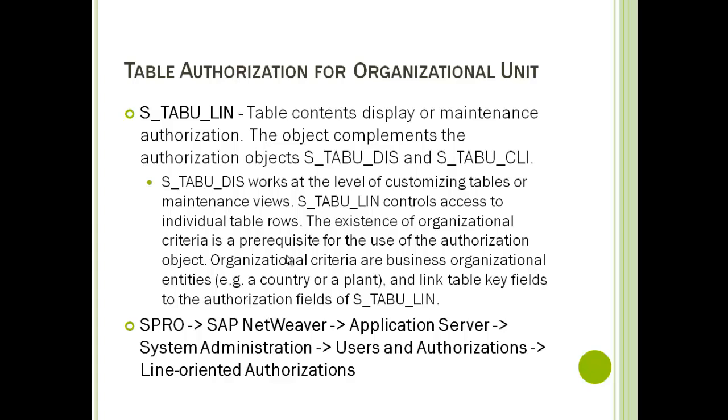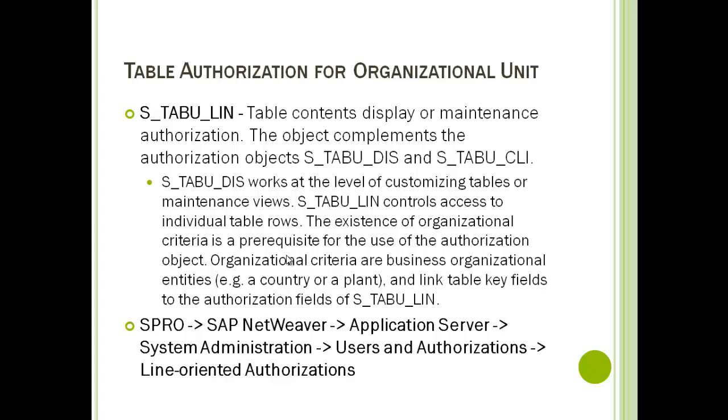So if you use S_TABU_NAM, you can provide authorization for the entire table. Now if I want to restrict only to some specific portion of the table, then we can use S_TABU_LIN. You can have authorization for each row in a specific table.